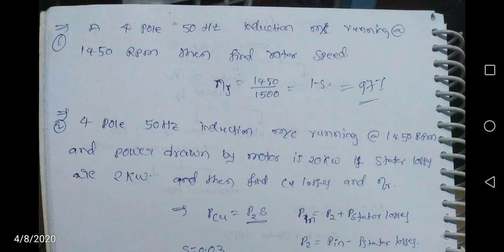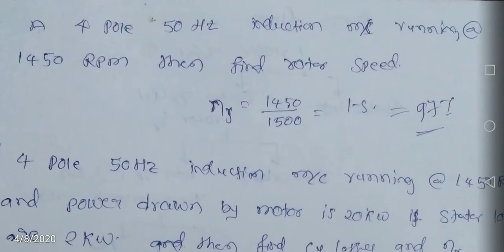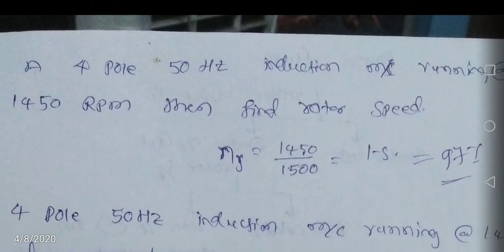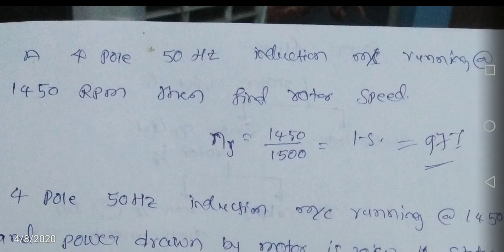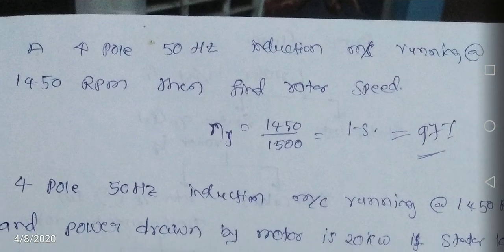A 4-pole 50 Hz induction machine is running at 1450 rpm. Then find the rotor speed. First calculate the NS value.